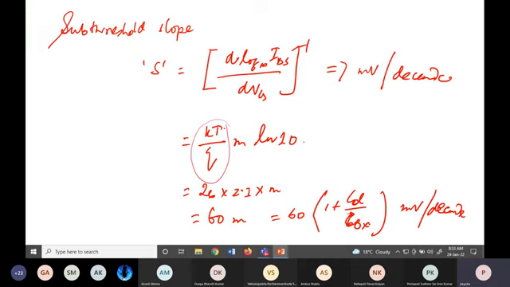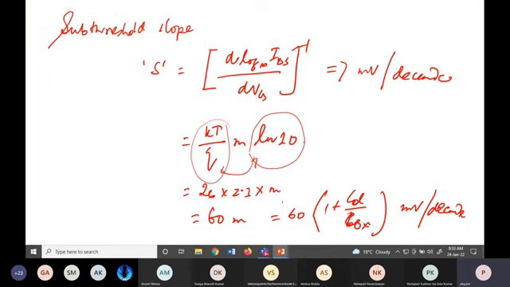So this is giving us 60, right? This is the base value we can get. If we have CD over Cox, this factor is negligible, but this factor we can't neglect. So this subthreshold slope will be at least 60.